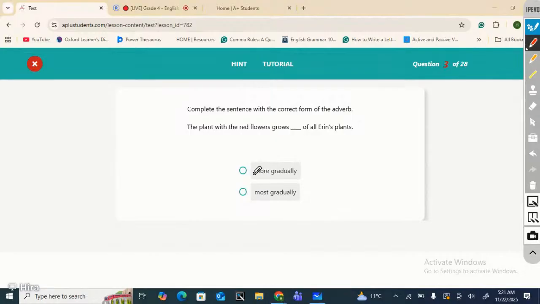So, which one? More gradually is a comparative adverb, most gradually is a superlative adverb. You have to decide whether to choose comparative or superlative. What does it depend on? It depends on the number of actions it is comparing.